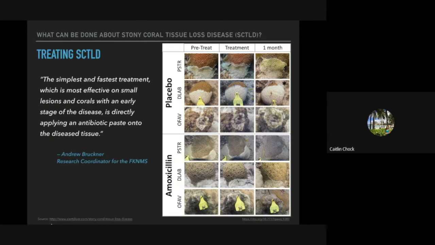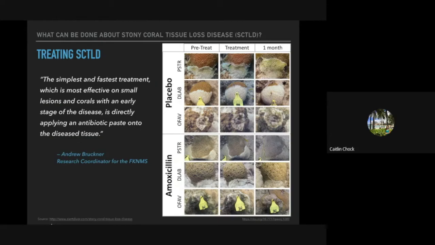The top corals were treated with a placebo, so that means there was no medication. Obviously, it did not halt the disease. In the bottom photos, those coral colonies were treated with amoxicillin, which is an antibiotic, mixed into a base and applied at the line of the lesion.